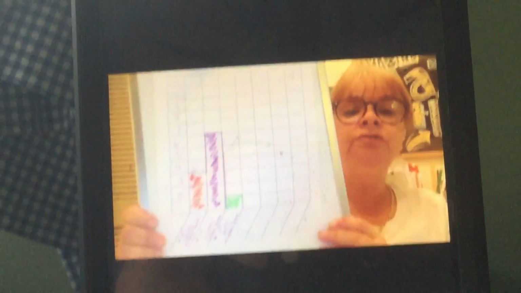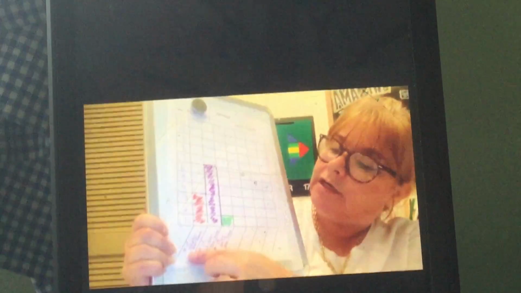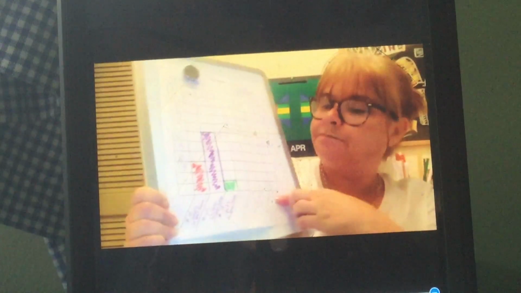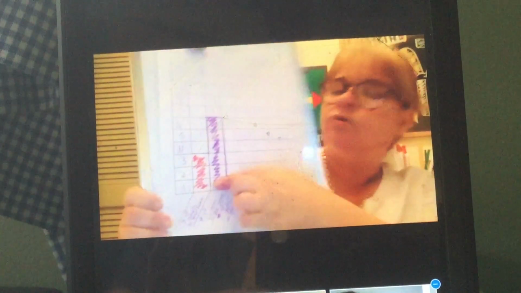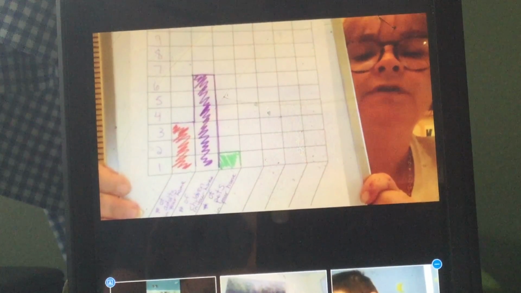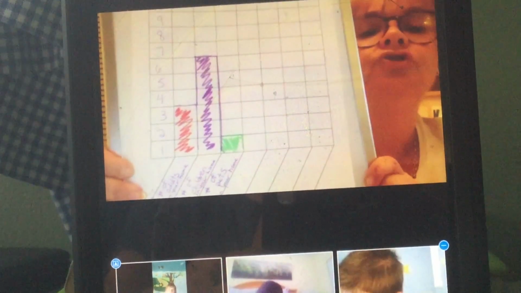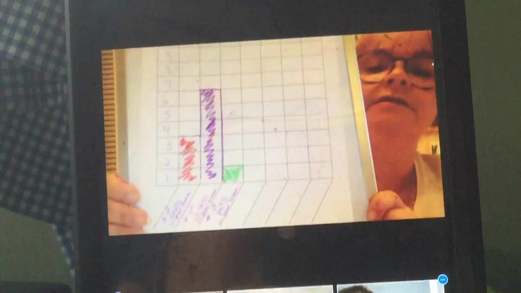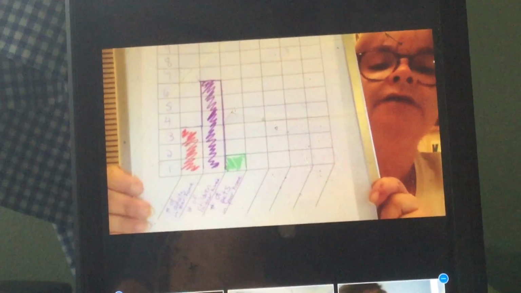Do you understand how I want you to do your graph based on your answers? You're going to put the category here, like I have number of adults. All of your questions you're going to put here. Then you're going to color in one block for each answer, or each person, or each pet, or each car, or whatever else you decide to do in your census. Does everyone understand about this?